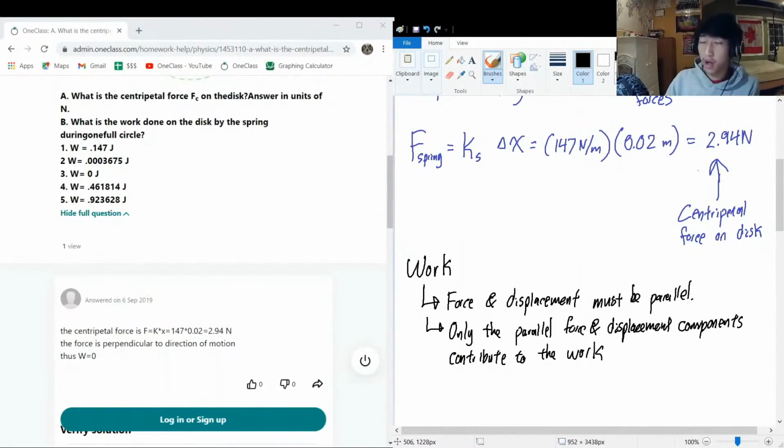An example of work happening is if I drop something. Gravity is putting the force downwards and the displacement is downwards. Gravity is doing work in that scenario. But me pushing something perfectly horizontally, that's also work.